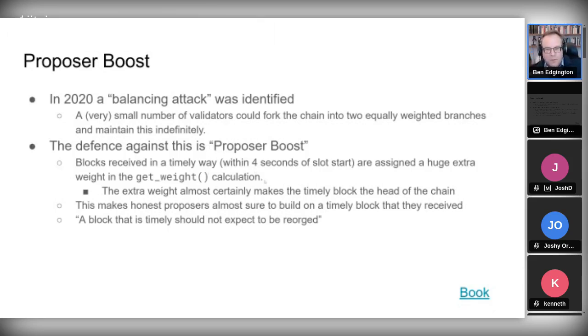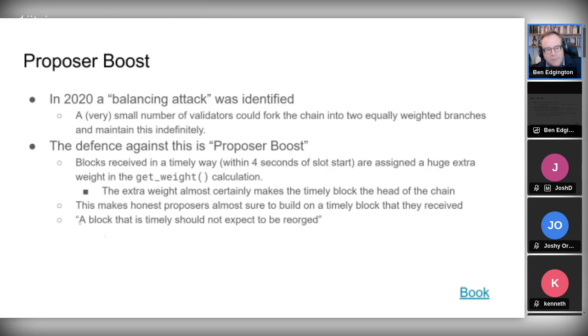The way it works basically is that blocks that are received in a timely way by a node within 4 seconds of the start of the slot get a huge extra weight in the get weight calculation. And this extra weight also almost certainly makes the timely block the head of the chain. So that's the one that I'll build on. I'll declare the head. So this makes honest proposers almost sure to build on the timely block that they received.